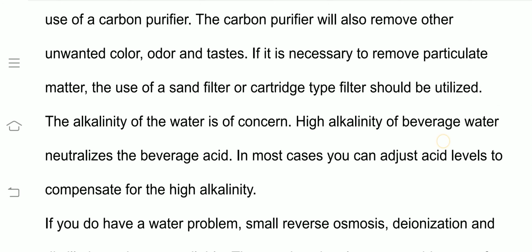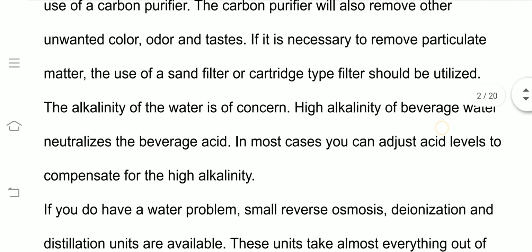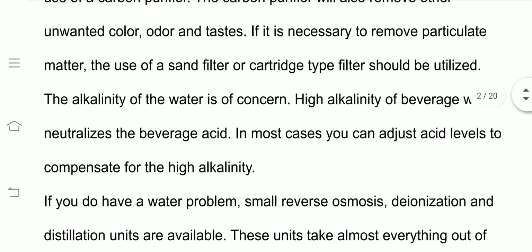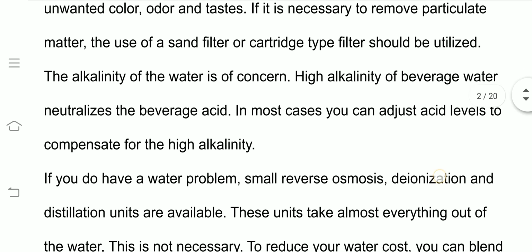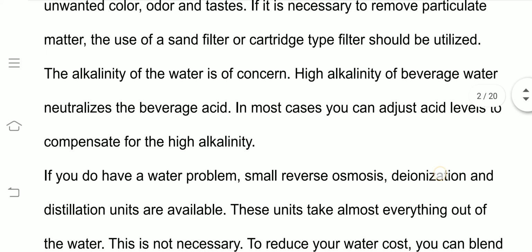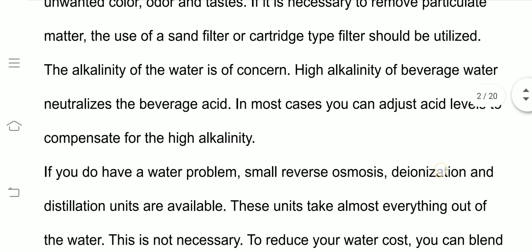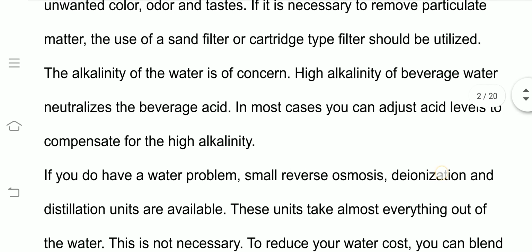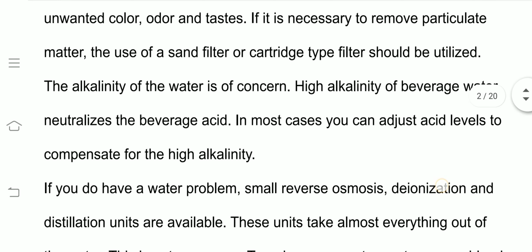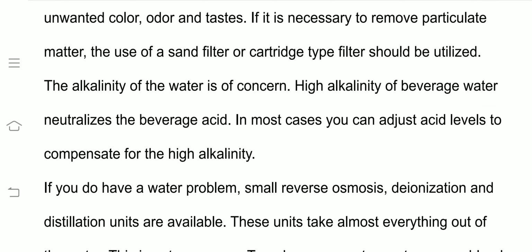If it is necessary to remove particulate matter, that is solid material, the use of a sand filter or cartridge filter type should be used. We know the sand filter. It's a kind of basic filter which uses sand to purify the water. Now, what is the cartridge type filter?